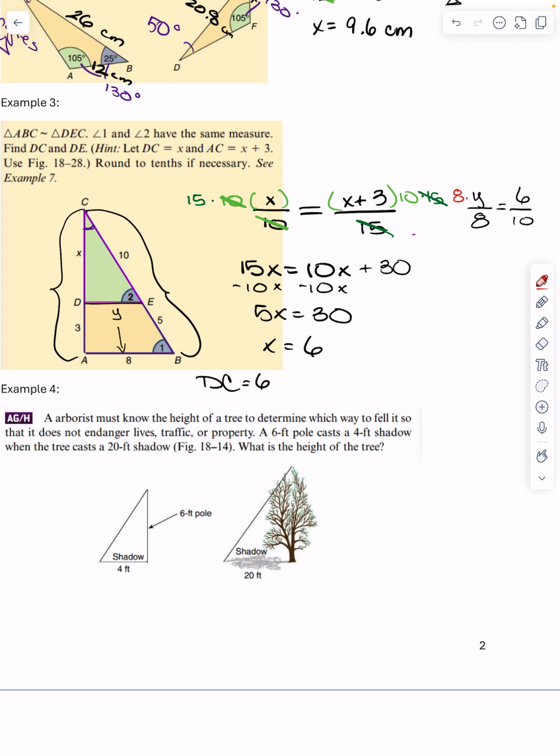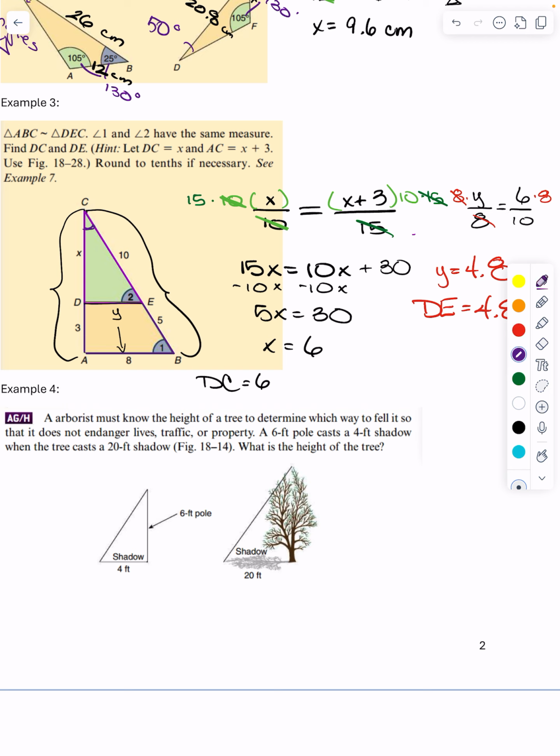Again, we're multiplying both sides of the equation by 8, because the goal is to get y by itself. 6 times 8 is 48. 48 divided by 10 is 4.8. So DE, which was the other piece we were asked for, is 4.8.